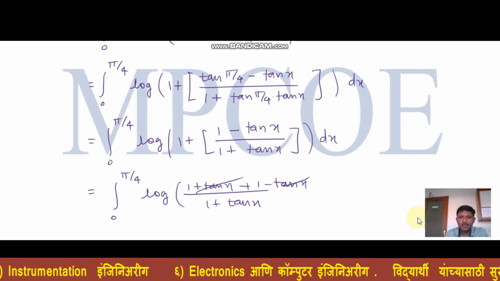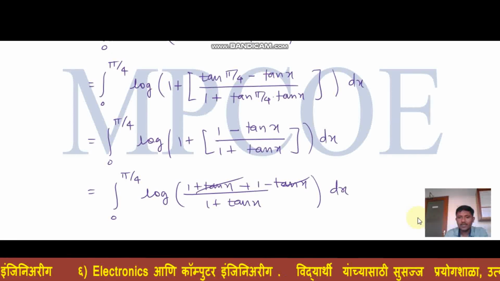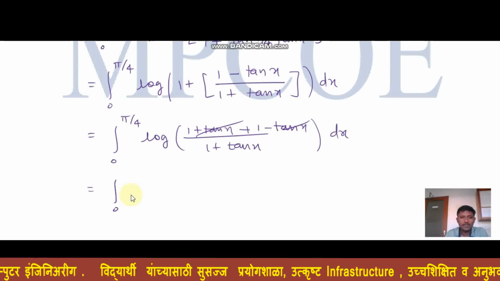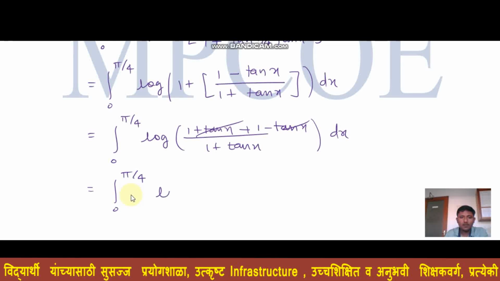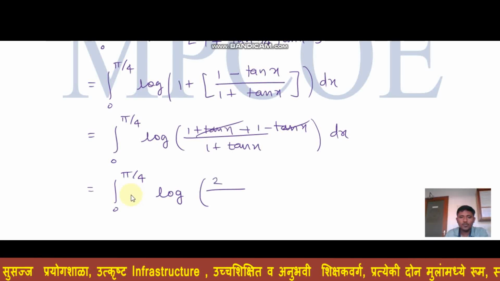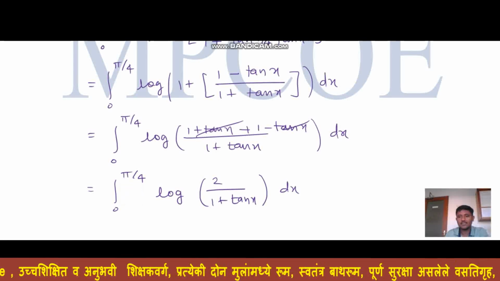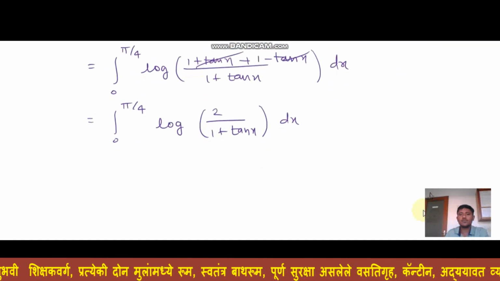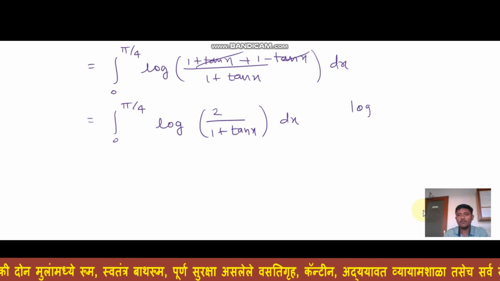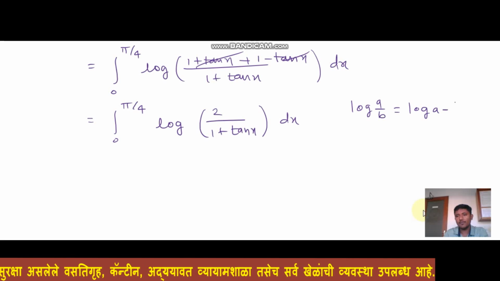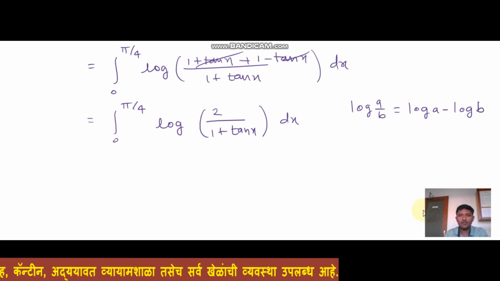So this will be cancelled, into dx. Now we have this equal to integral 0 to pi by 4 log of 2 upon 1 plus tan x dx. And we know one most famous property of log: log of a upon b means log of a minus log of b.